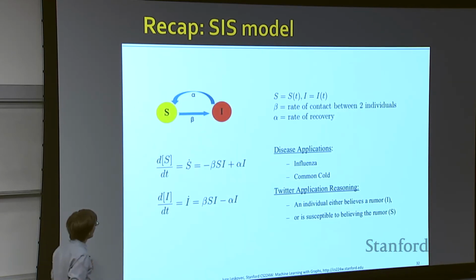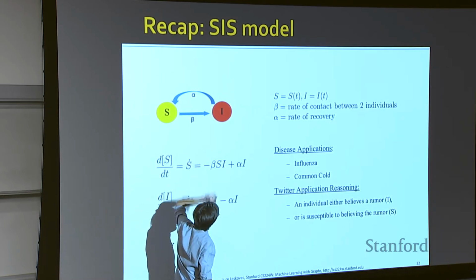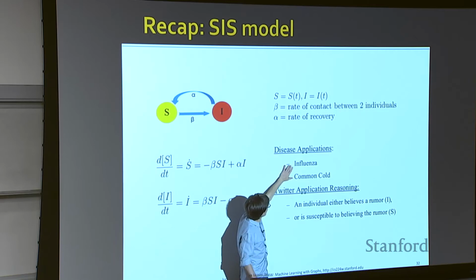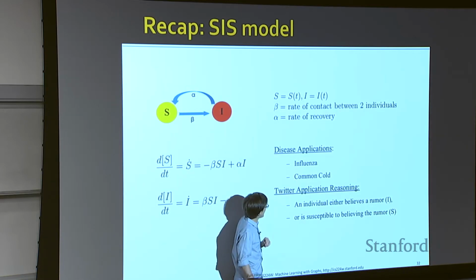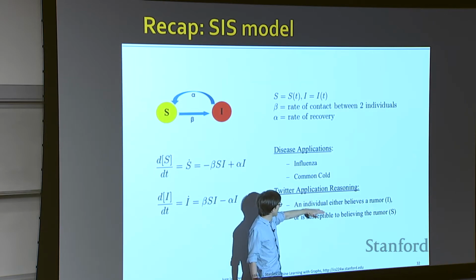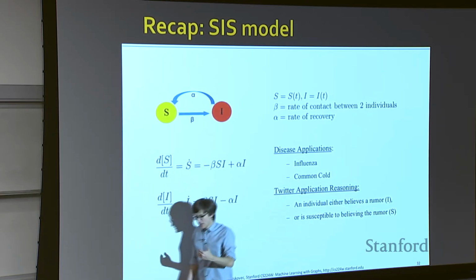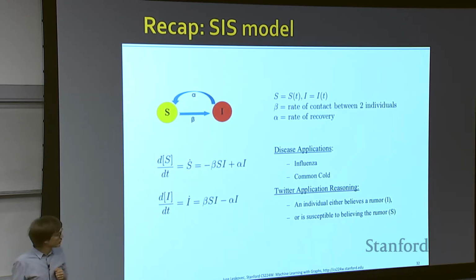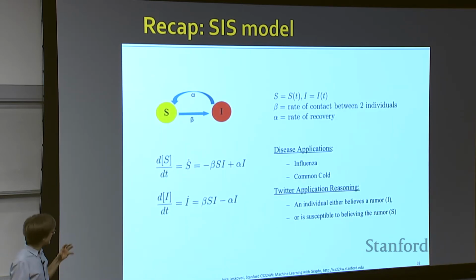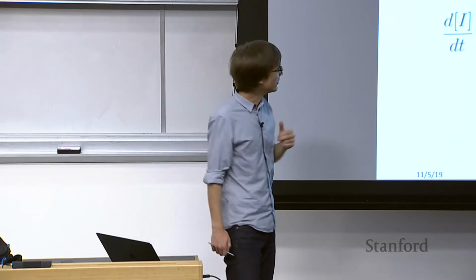As I mentioned, we already talked about the SIS model. That's a model of influenza or the common cold. In our reasoning, we'll think of the individual as either believing the rumor or being susceptible to the rumor. We will expand this because we also need skeptics, which are people who are immune to the rumors.